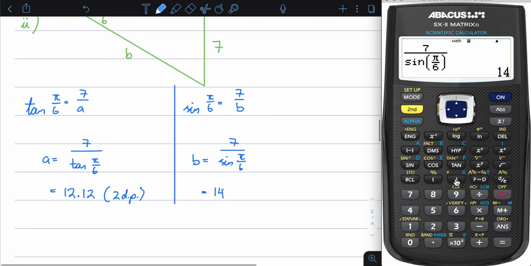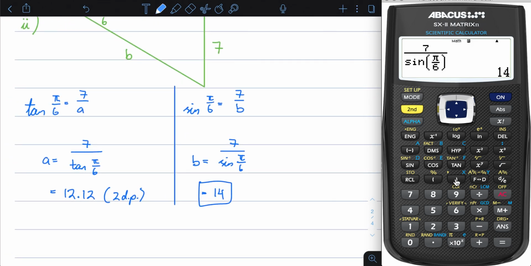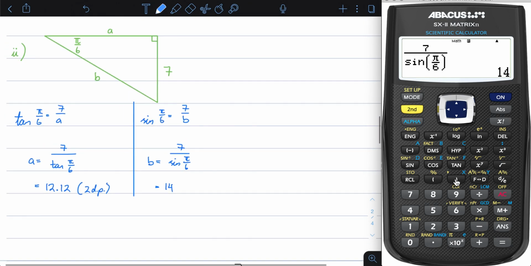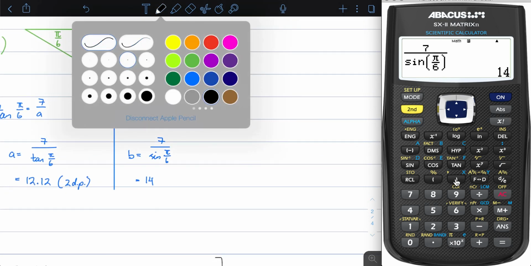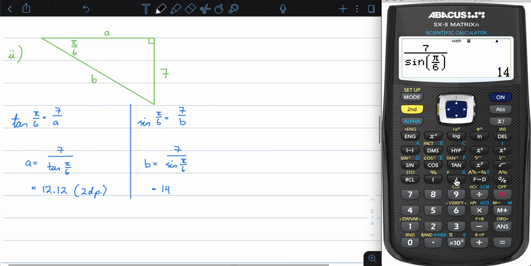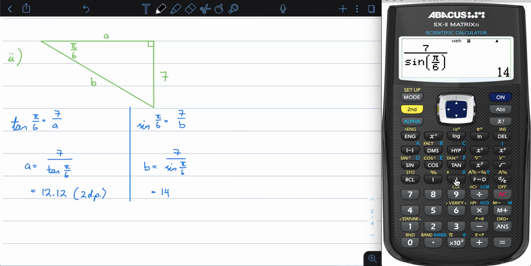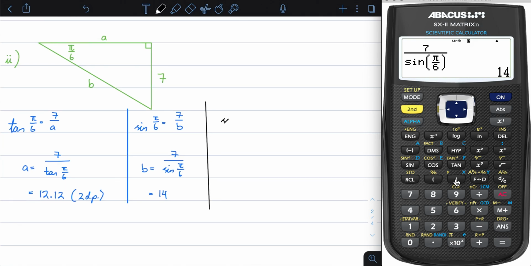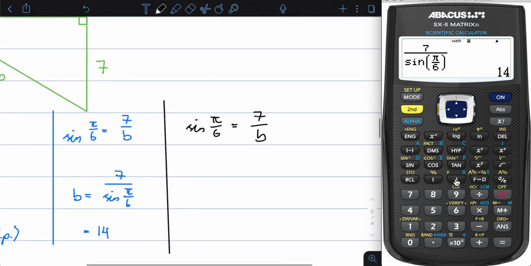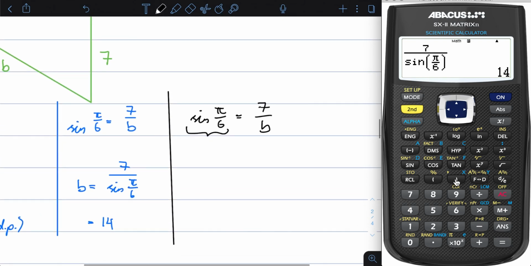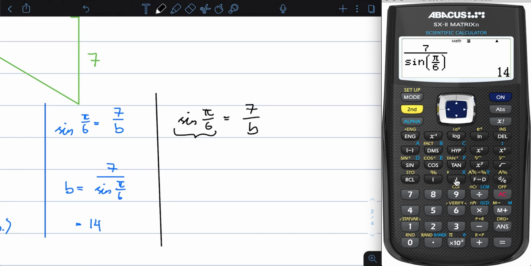Now, if you're wondering why this gave such a nice number, let's do this one more time using exact ratios. And again, you should utilize exact ratios whenever we can. Let's do this with sine. Sine pi on 6 equals 7 on b. For those of you that saw, sine pi on 6 is sine 30.